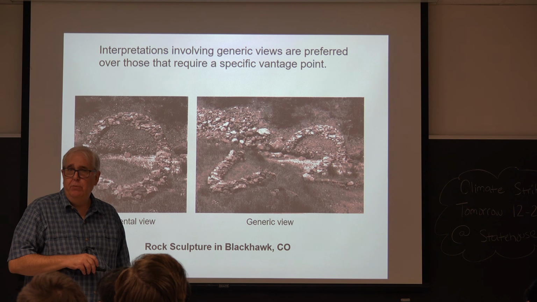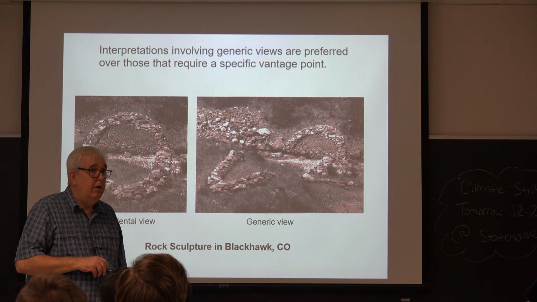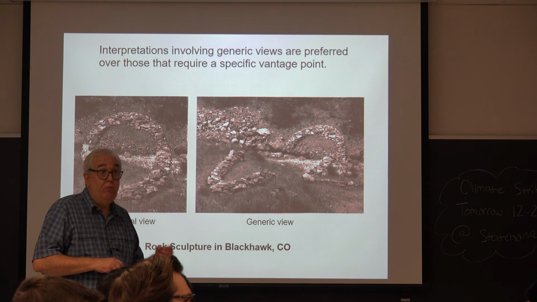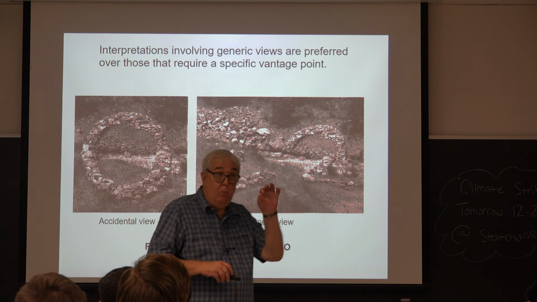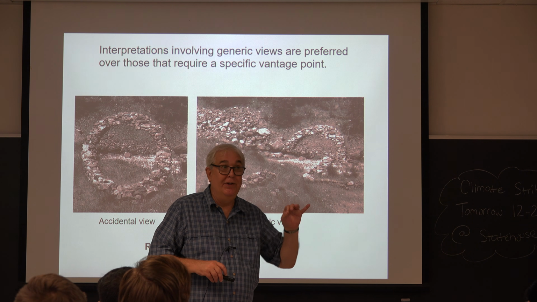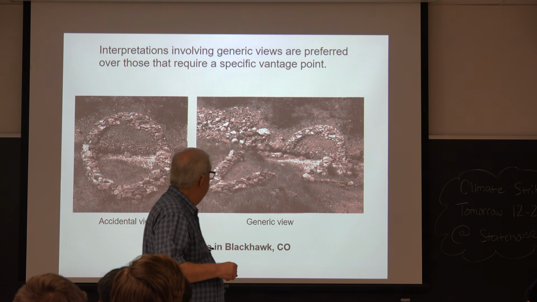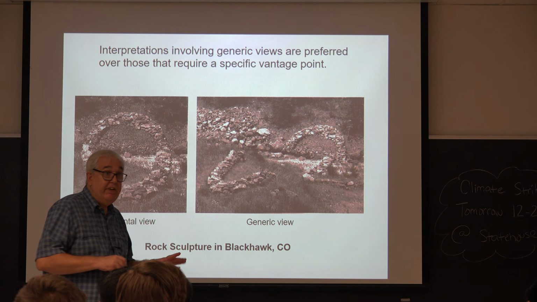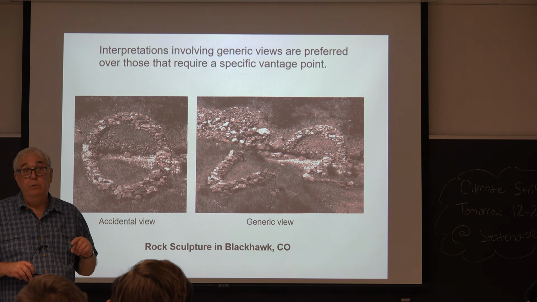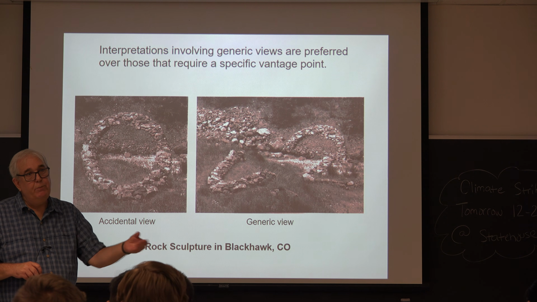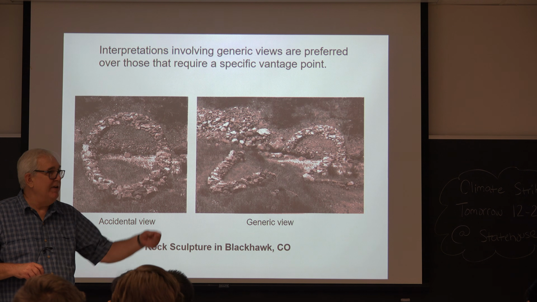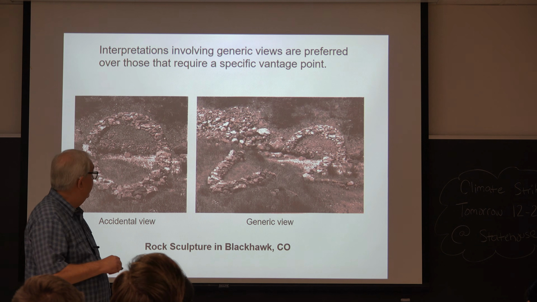Who asked me about Julian Beaver? Julian Beaver stuff works the same way. You have to look at it from one specific viewpoint to get the effects that he's creating. And when that's the case, that's called an accidental view. Though not in Julian Beaver's case, I suppose that's misleading because that's the one he wants you to look at it from.